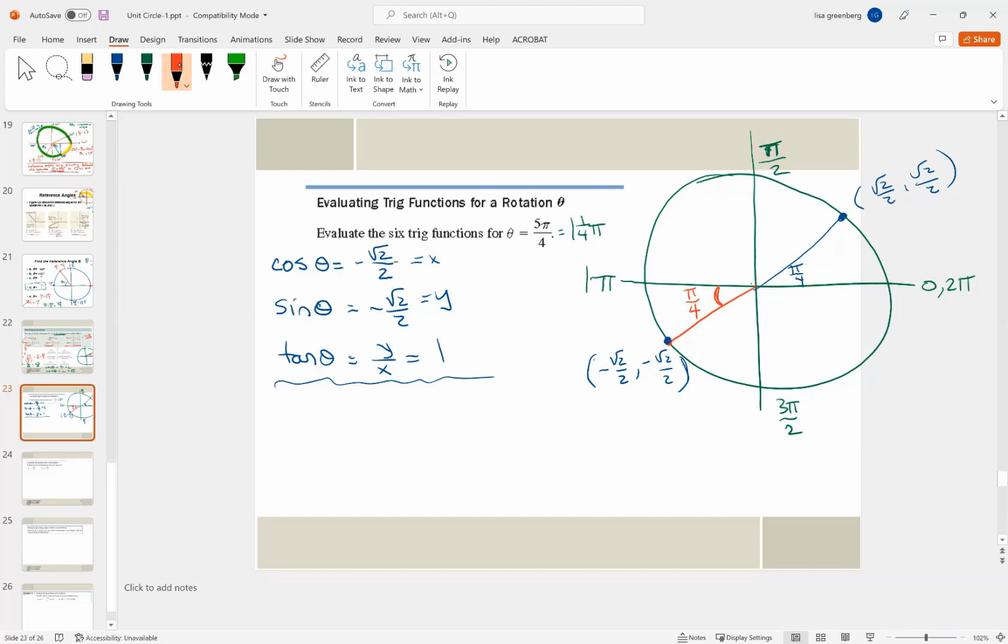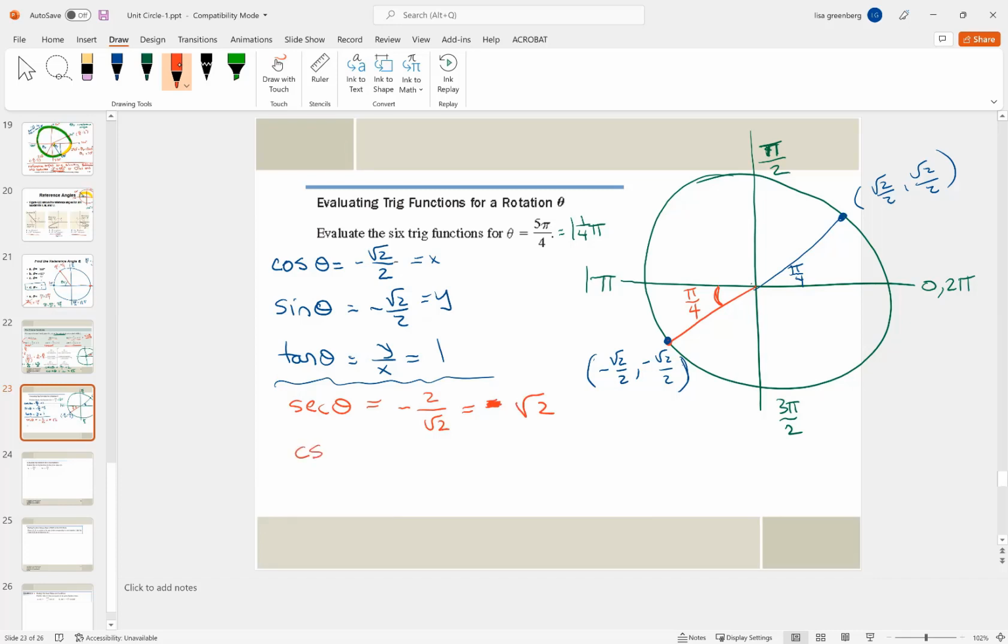And then I have my secant, which is the reciprocal of my cosine. So I would have negative 2 over the square root of 2. And if I rationalize that, it becomes negative the square root of 2.